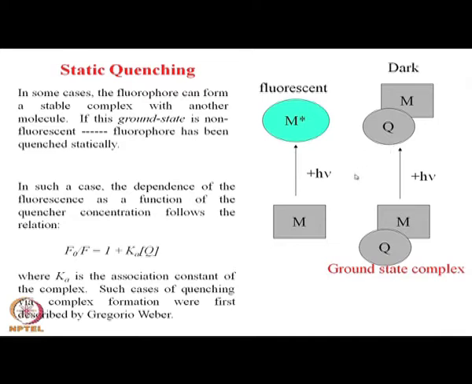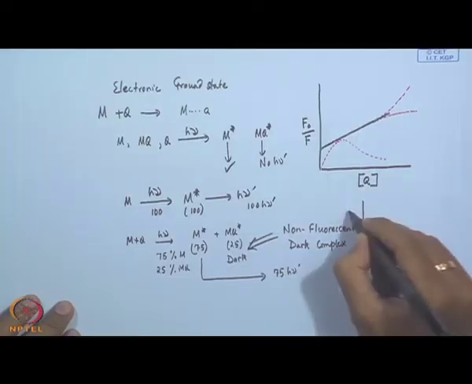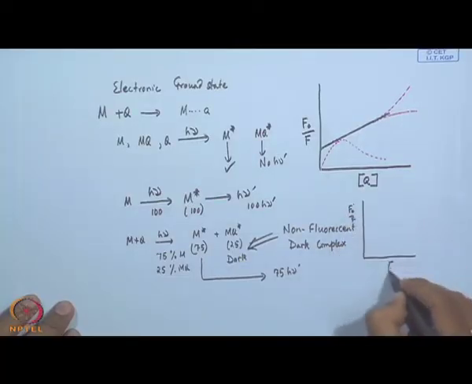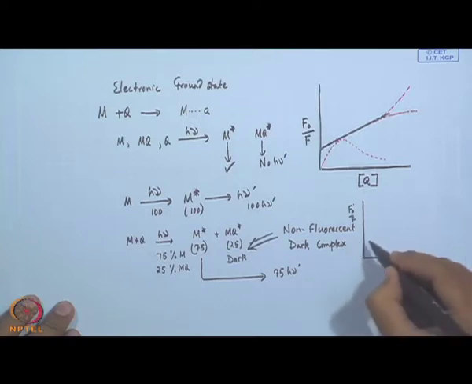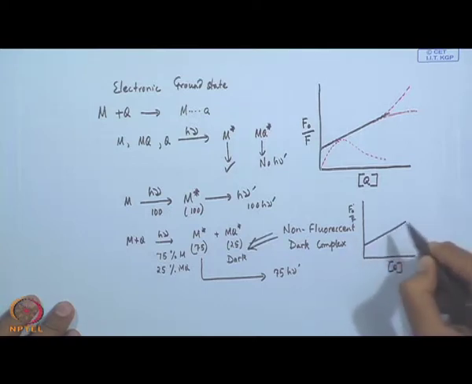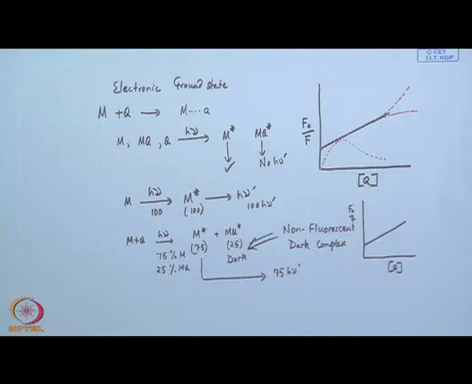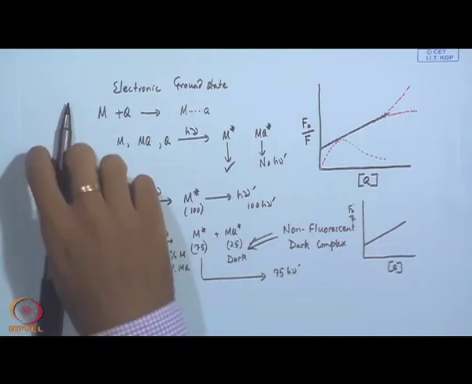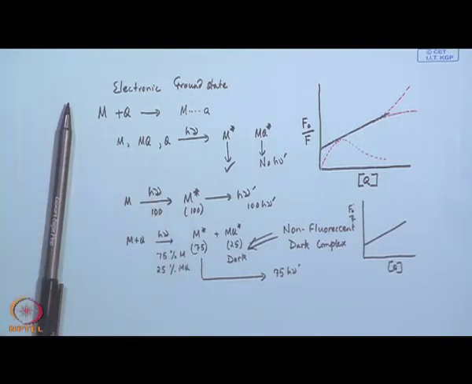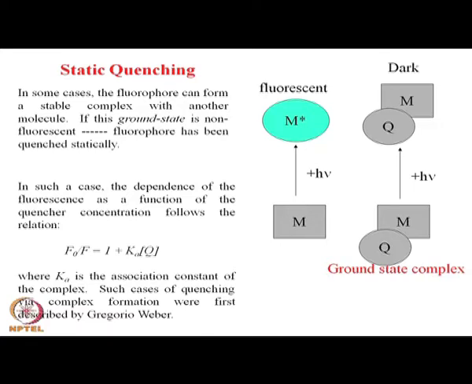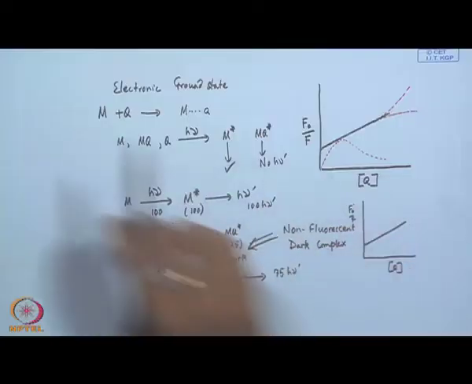Okay. So, if you plot F0 by F versus Q for the case where there is only a static mechanism, you can also expect a linear plot. So it is very difficult to diagnose whether the static or the dynamic quenching mechanism is operative, because both have similar looking expressions for the quenching plot, that is the F0 by F plot. Okay.